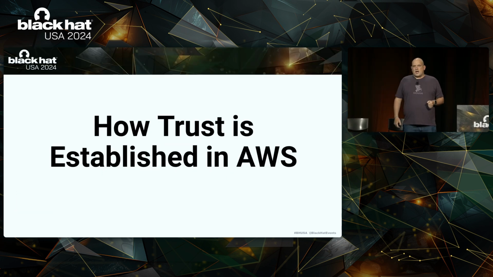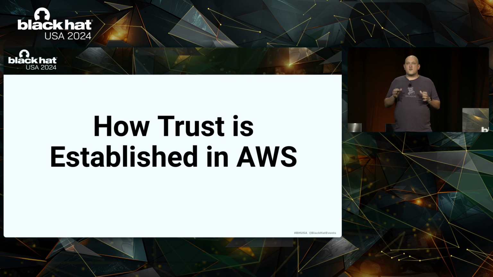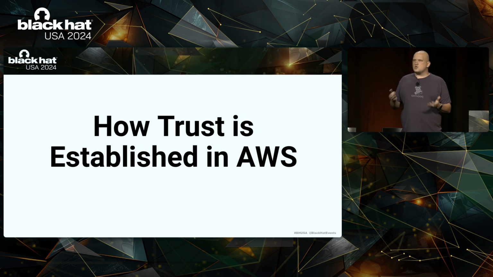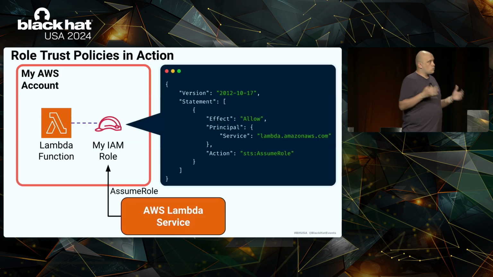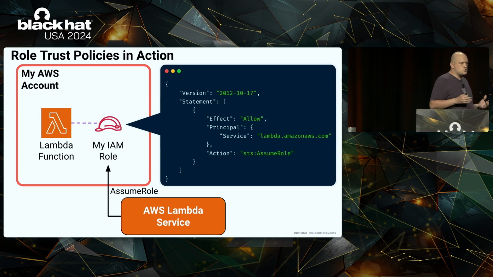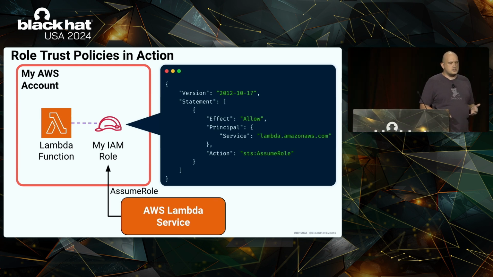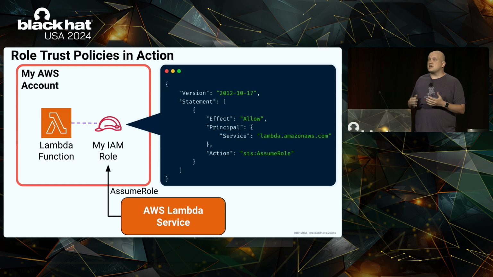With all that out of the way, to get us started on the topic of abusing pre-existing trust, we should probably talk a little bit about how that trust is established. In AWS, every IAM role is going to have a role trust policy. And this policy determines who or what is permitted to assume an IAM role.